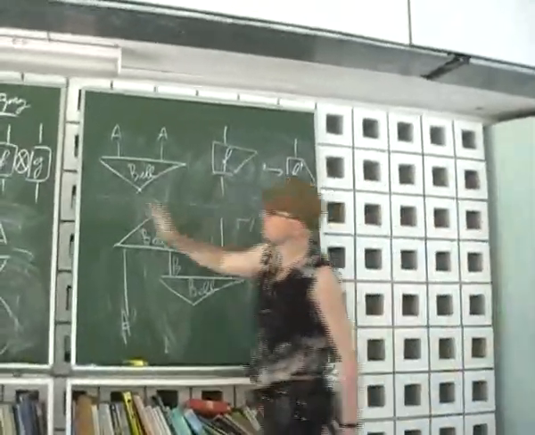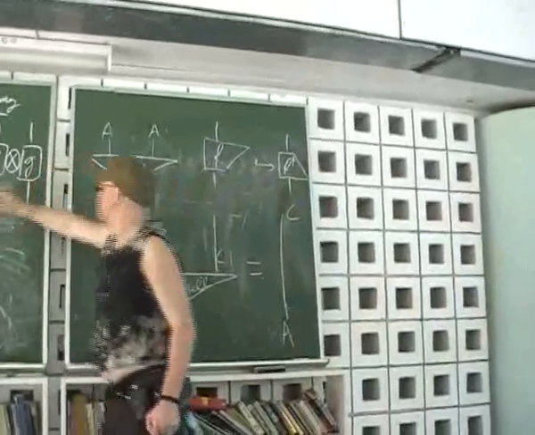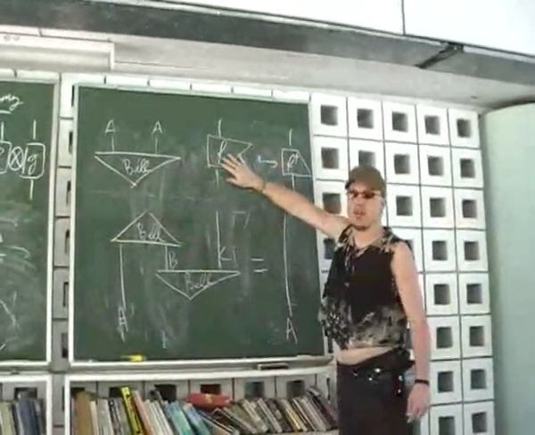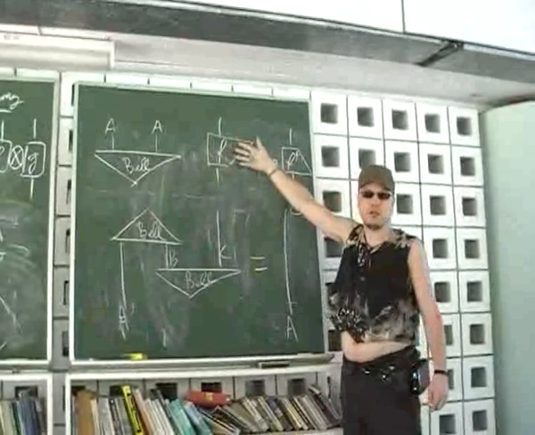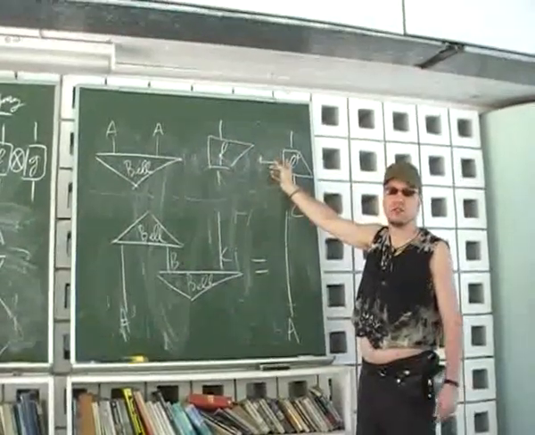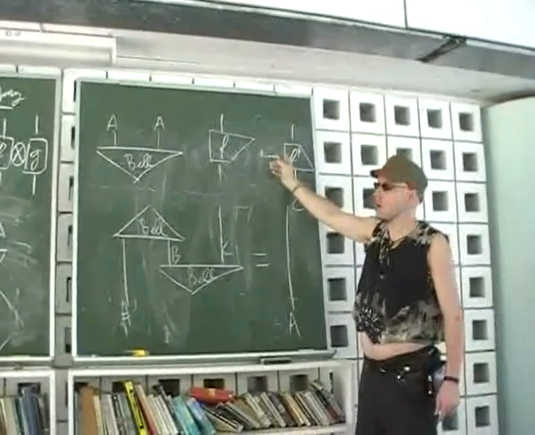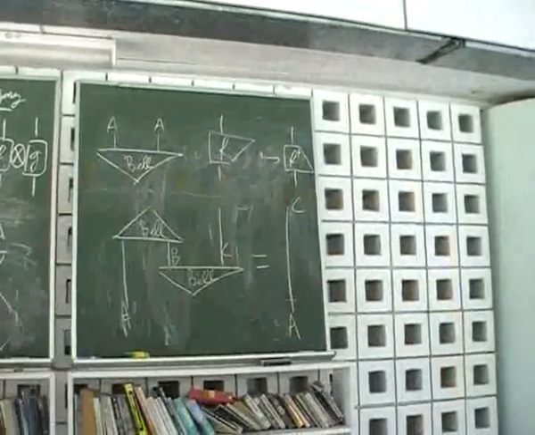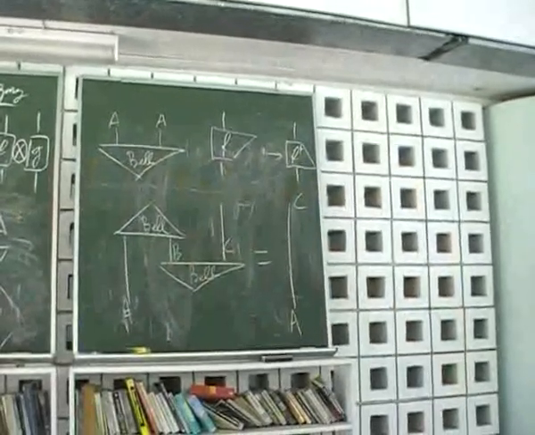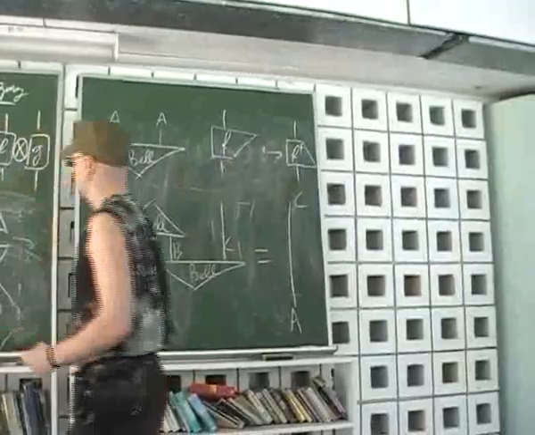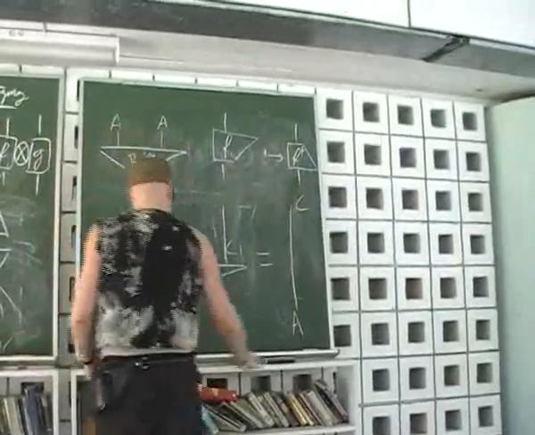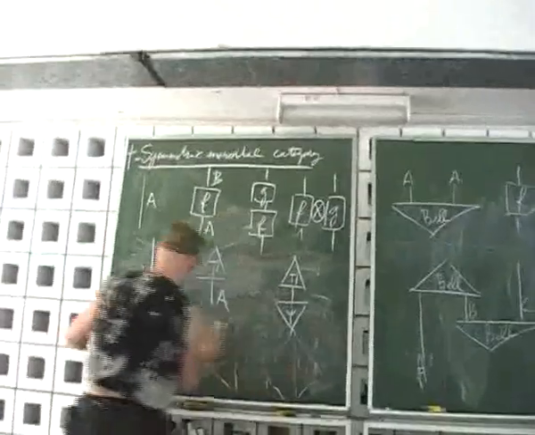So in addition to symmetric monoidal category, we admit an operation which is putting a box upside down, and we call it the adjoint. And then we get a dagger symmetric monoidal category.